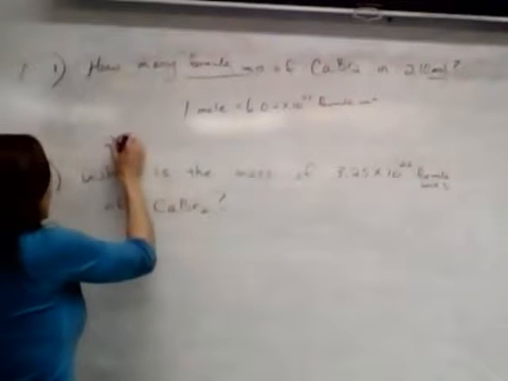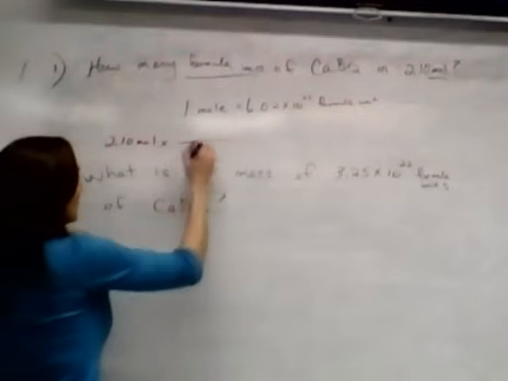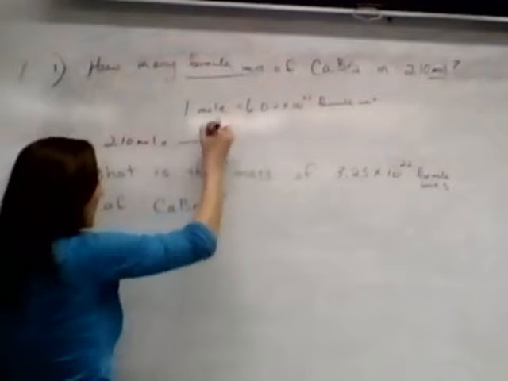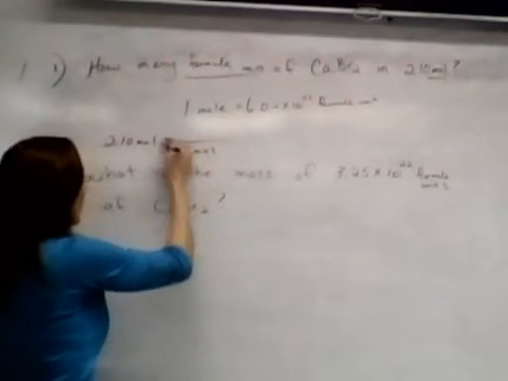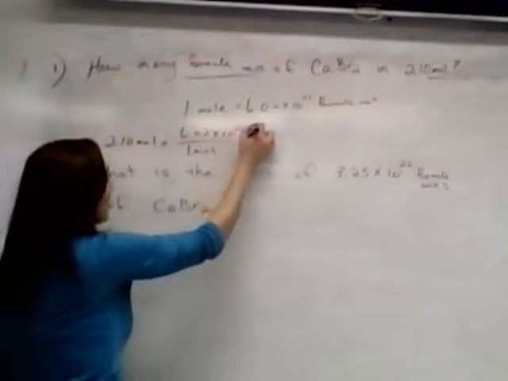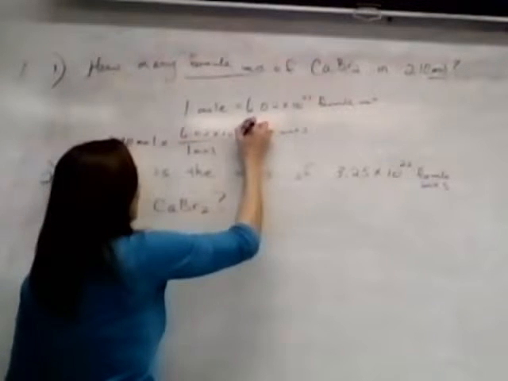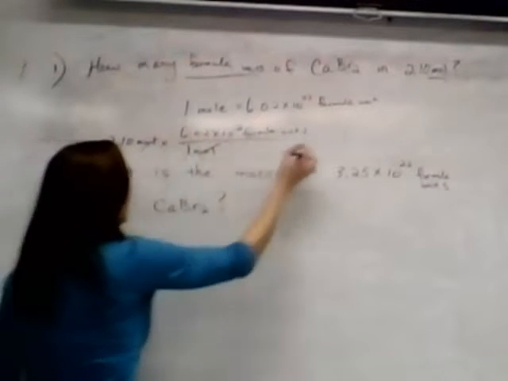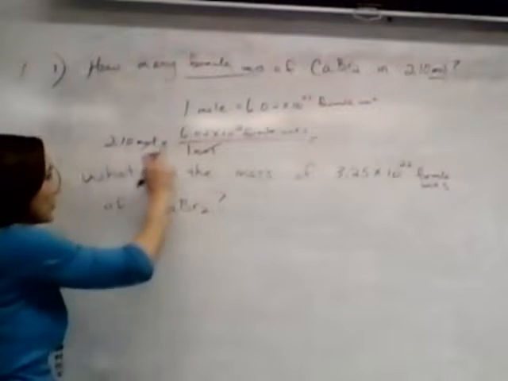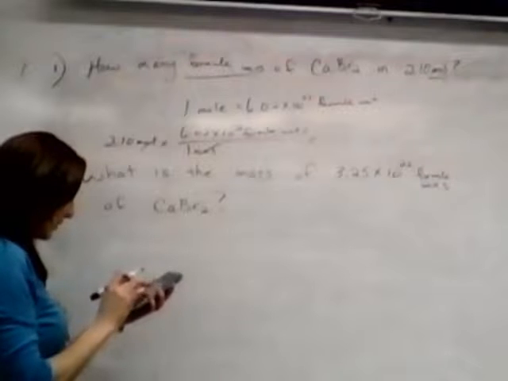Okay, so for the setup, once I have the relationship down, 2.10 moles. These two numbers go in my conversion factor, one over the other. I want the mole to cancel, so I'm going to put that on the bottom, and I want to end up with formula units. So 2.10 moles times 6.02 times 10 to the 23rd.